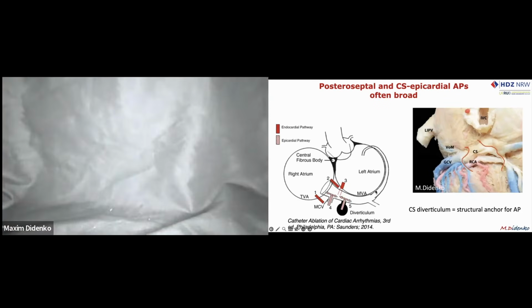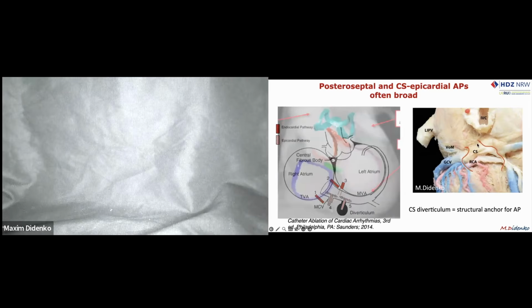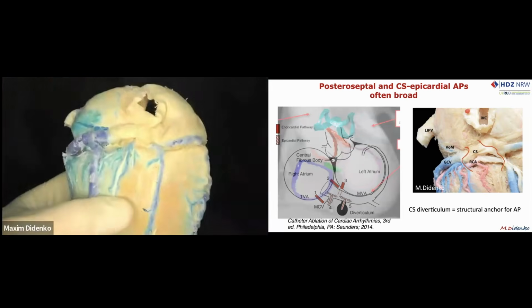This is an area which is sometimes pretty difficult to ablate, the so-called posteroseptal or inferoseptal area, where we can see endocardial pathways or epicardial pathways, and pretty often they can be epicardially located. Let's see how this area looks in a real specimen.